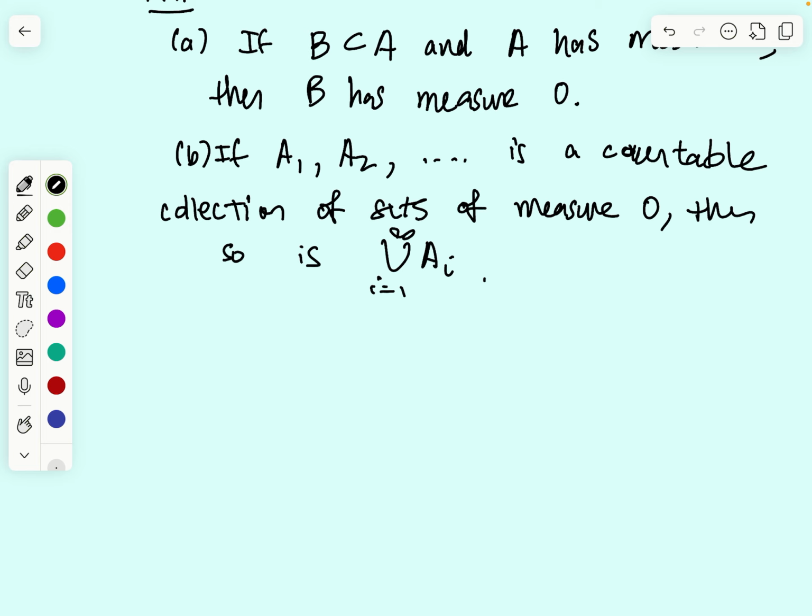And part C is kind of an alternate characterization of sets of measure 0.